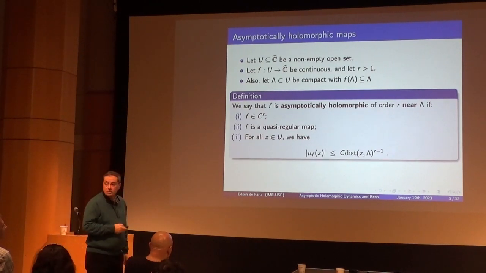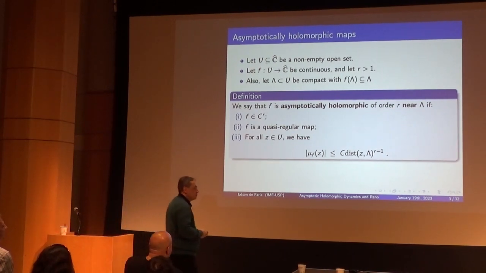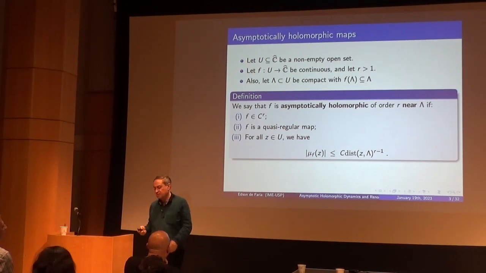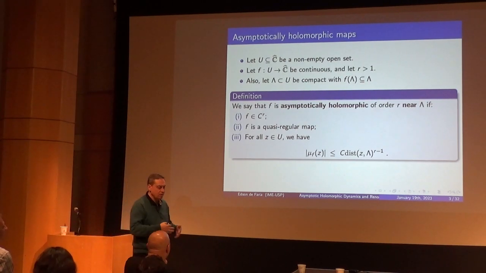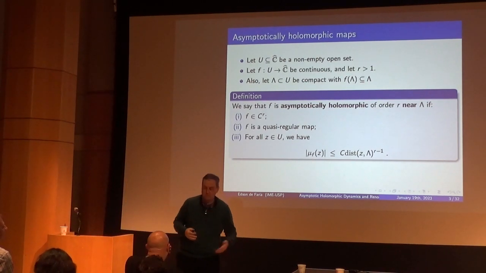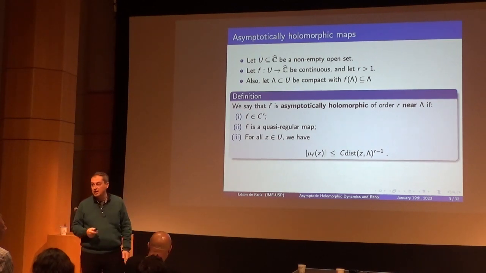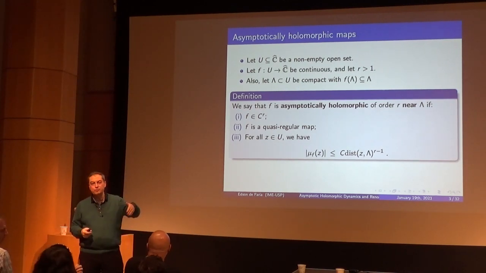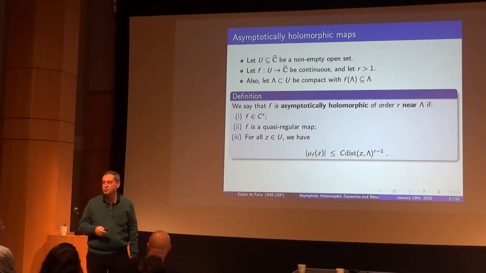Is r an interval? Sorry? r is a real number, okay? A real number, yes. So C^r means, if r is fractional, let's say r is n plus beta, then it's a C^n map whose highest derivative is Hölder of exponent beta.